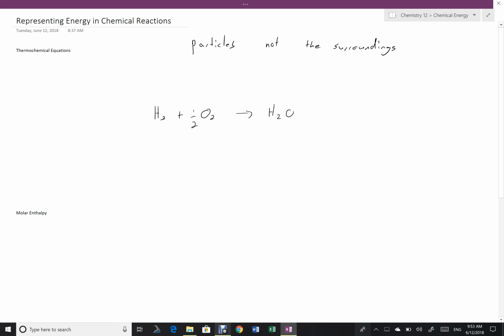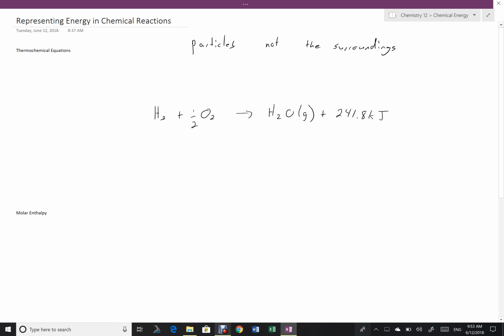So in this case, we're producing, let's assume it's gaseous water, or water vapor. And when that happens, it would be an exothermic reaction where 241.8 kilojoules of energy would be released to the environment.